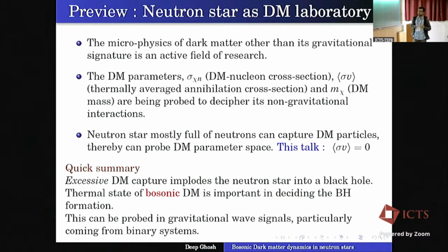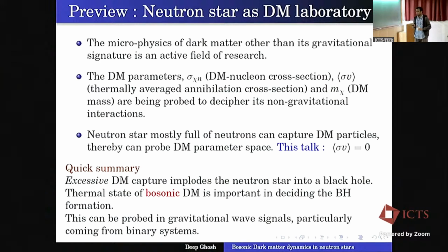Now this black hole formation is heavily dependent on thermal states of dark matter inside the neutron star, in particular if this dark matter is bosonic. So the next question would be how can we probe these thermal states? How do you know which thermal state produces black holes? For that, the gravitational wave signals can be useful, and with a lot of data, maybe we can distinguish between these thermal states inside the neutron star.